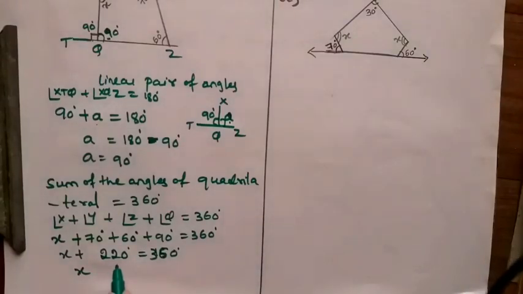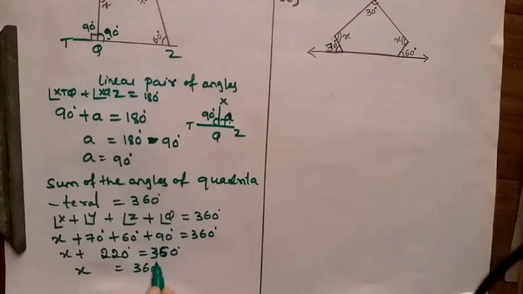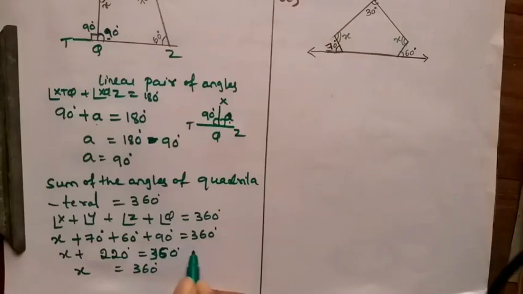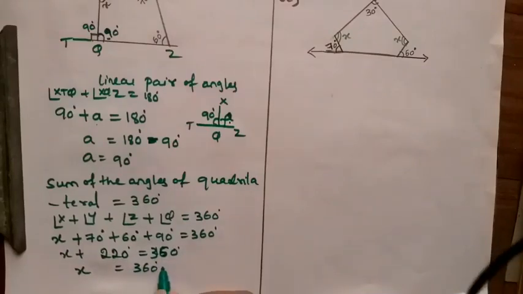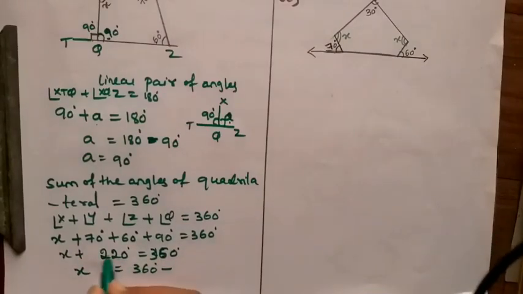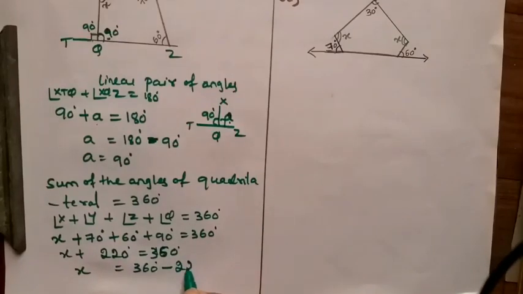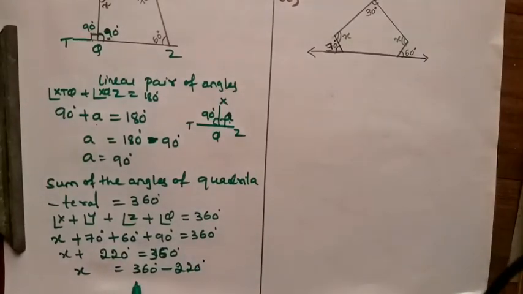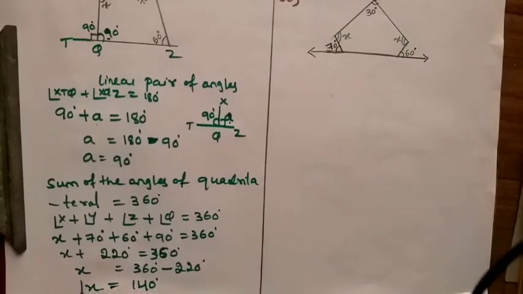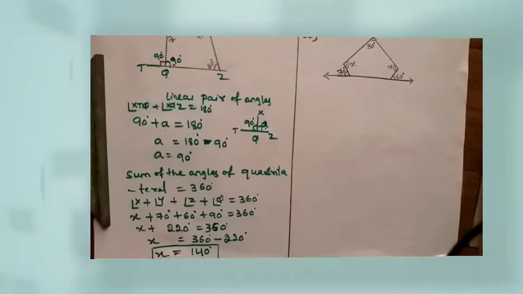If it goes to the right hand side, plus 220 becomes minus 220 degrees. So X is equal to 360 degrees minus 220 degrees. 360 minus 220 is how much here? 140 degrees. The X value is 140 degrees. This is our solution.